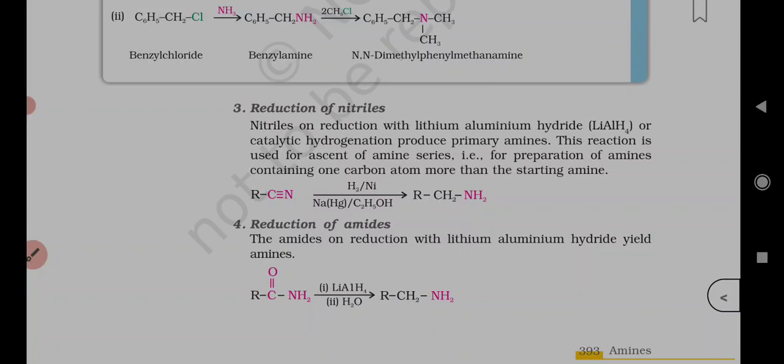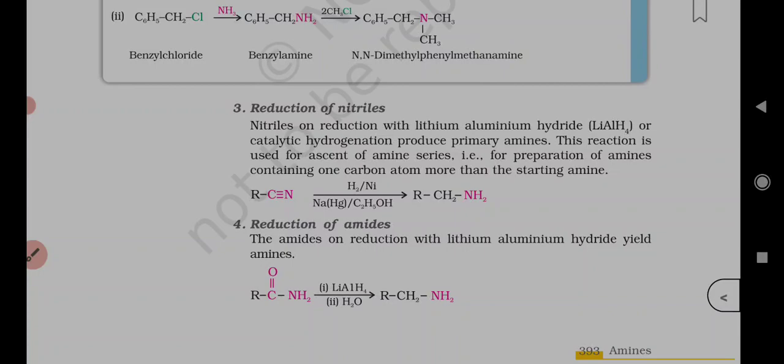The tertiary amine has boiling point 310.5. The alkane, with 72 molar mass, has boiling point 300.8, very less.